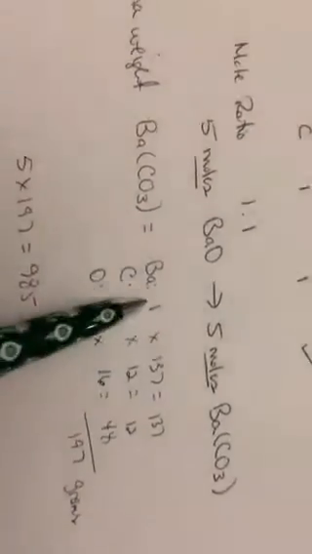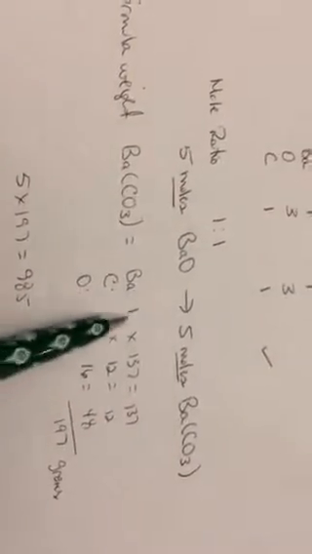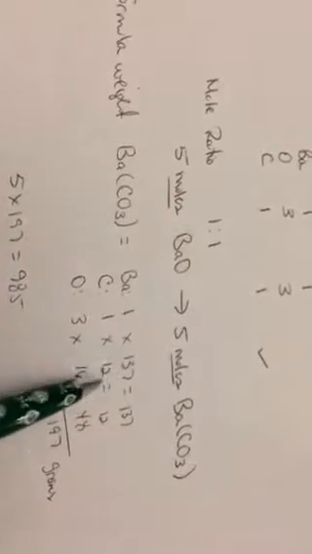You take those 5 and you look for the formula weight. So again, you break up your barium, your carbon, and your oxygen by how many units you have of each, and you multiply it by your atomic mass. You add that together and you end up with 197 grams. You're almost done.